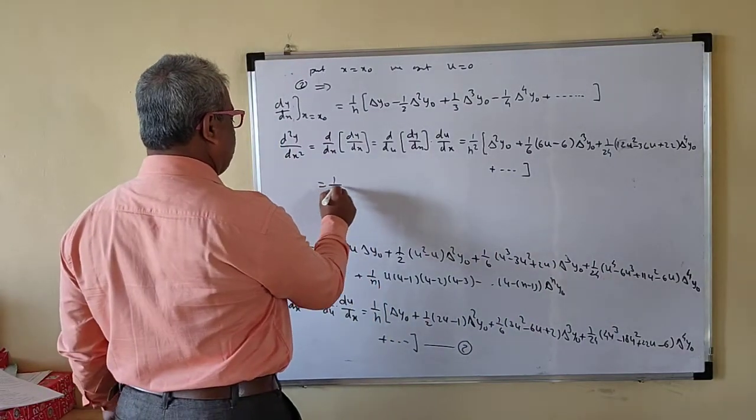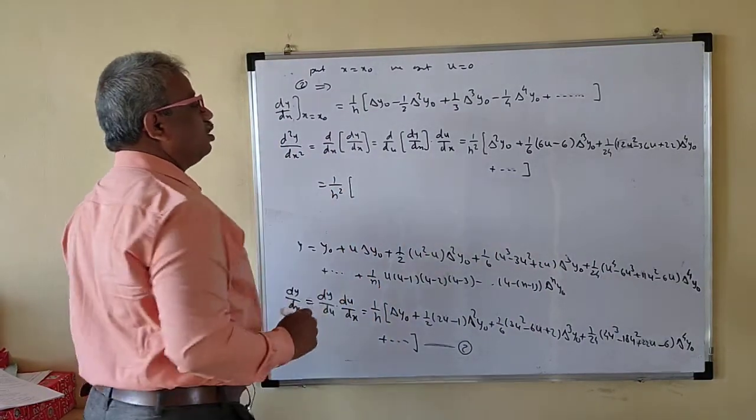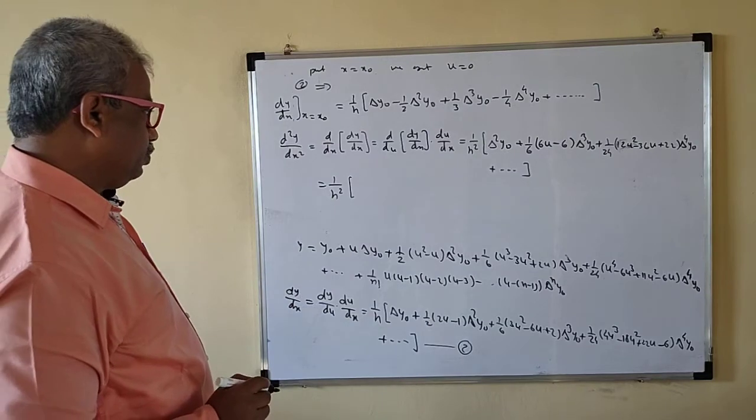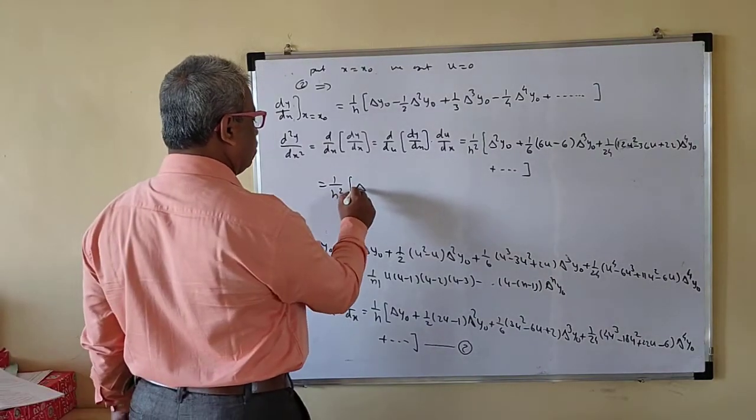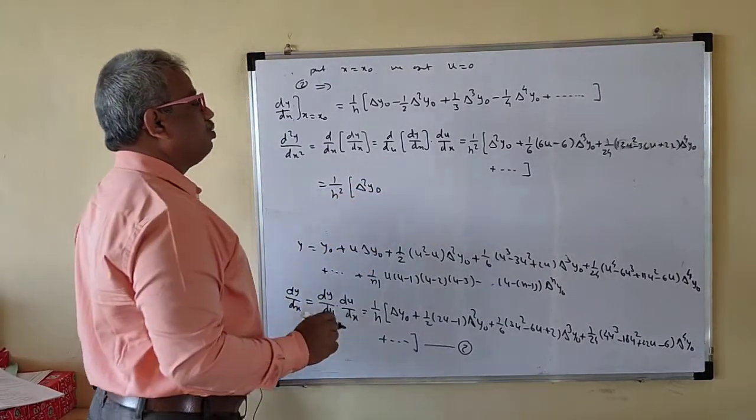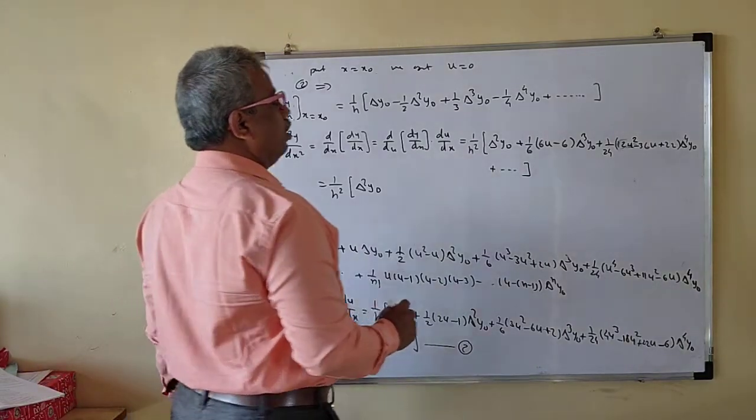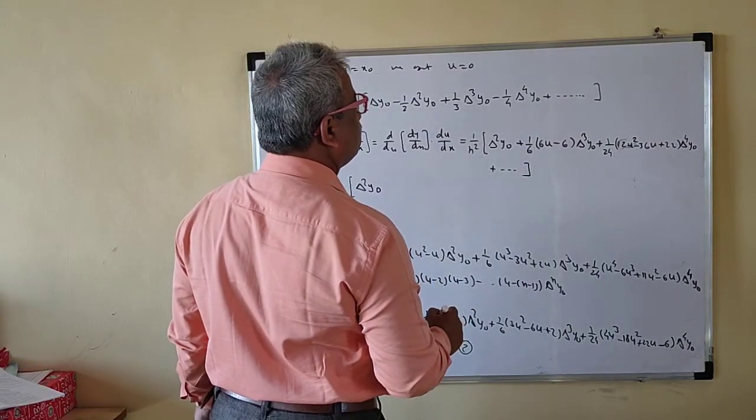So this is equal to 1 upon h square, del square y naught minus del cube y naught.